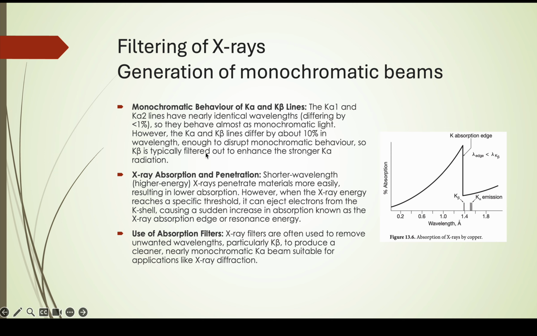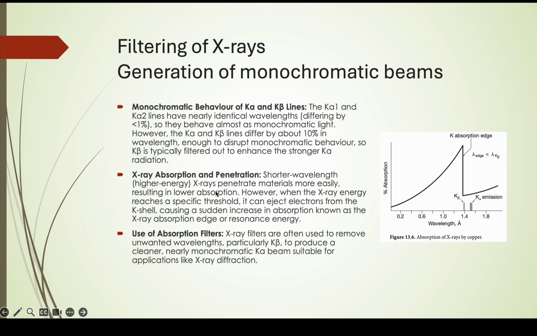How are we going to filter it out? Before discussing that, let's discuss absorption and penetration. A shorter wavelength implies a higher energy, so X-rays penetrate materials more easily. If the energy is very high, the absorption is very low.